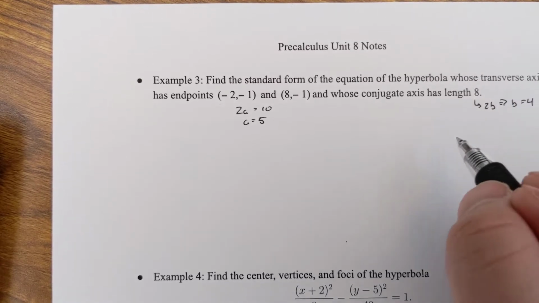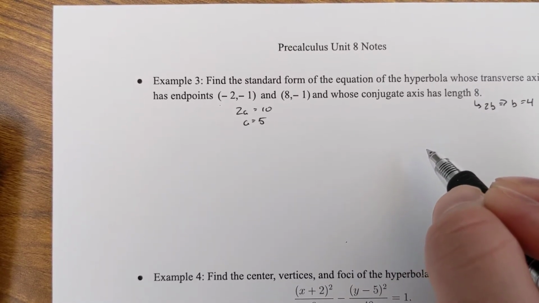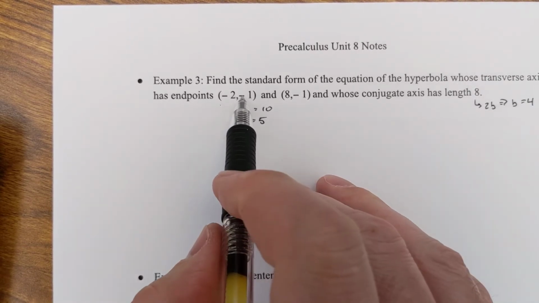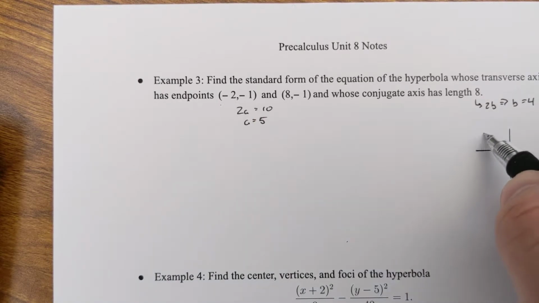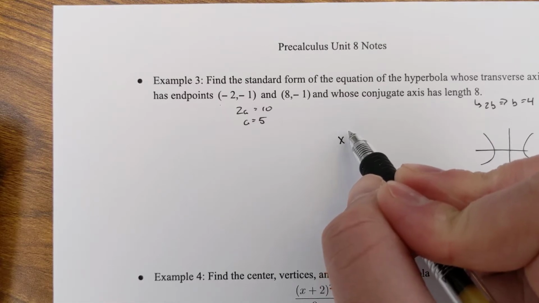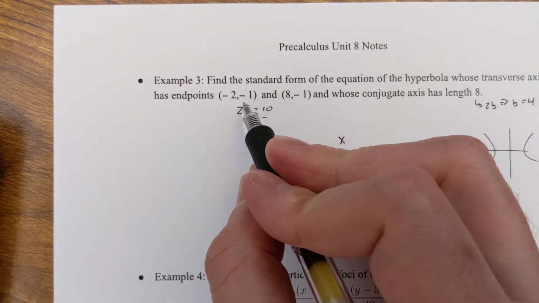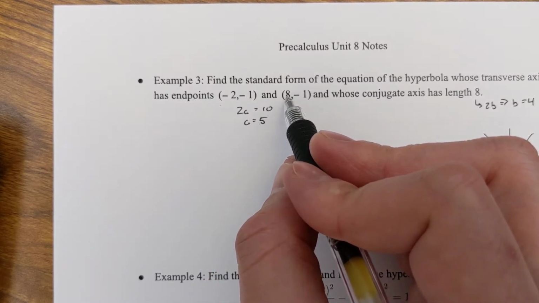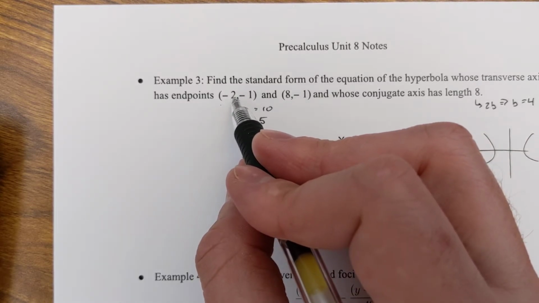Okay, so I need to find c. Actually, I don't. This hyperbola is opening left and right, so x comes first. So for x, I need to find the center. Just like before, it's going to be halfway between these. So take 5 and come backwards, either subtract 5 from this or add 5 to this.